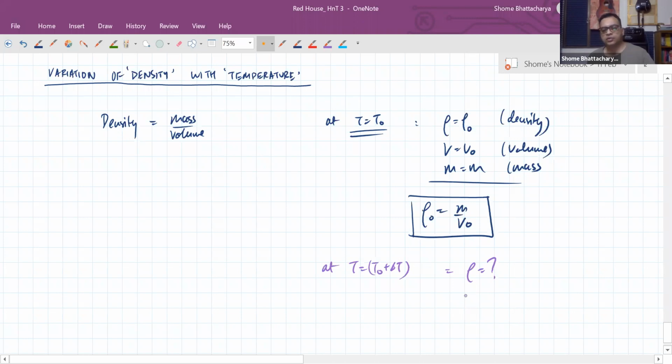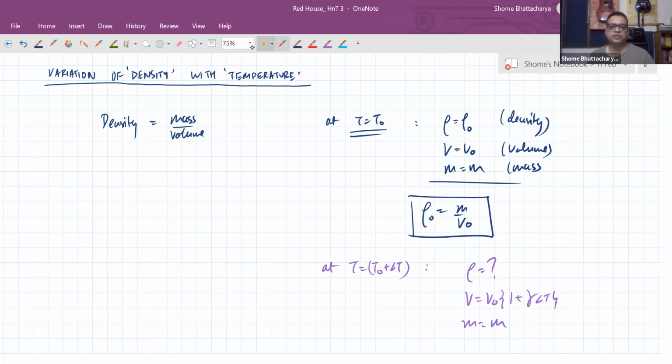We know that the volume is V naught times 1 plus gamma delta T, and we know the mass is the same. Mass is not going to change with temperature.